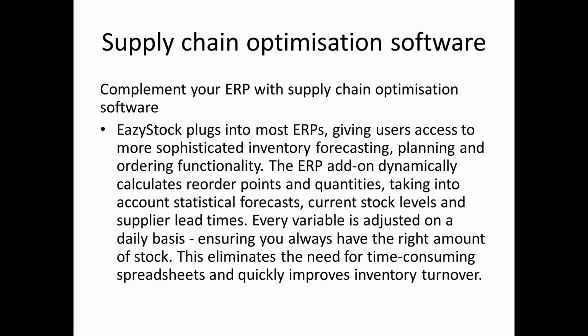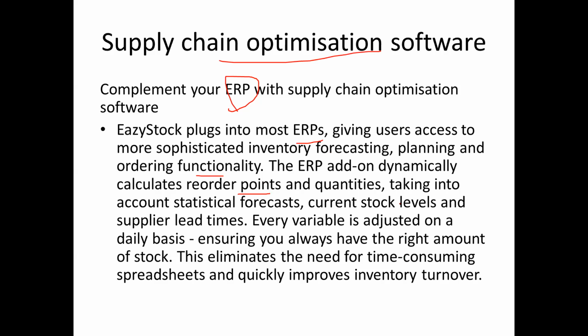Something I saw on the internet today was software to add to your ERP. All the big boys do it. Supply chain optimization software plugs into ERPs, giving you inventory forecast planning and ordering, and calculates reorder points. It doesn't tell you how many locations you need.